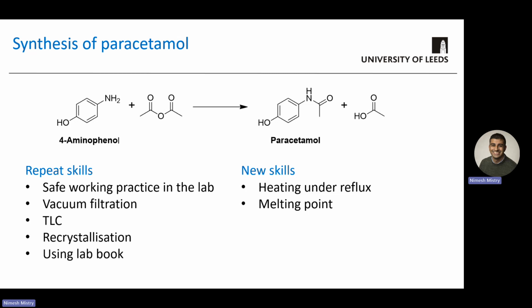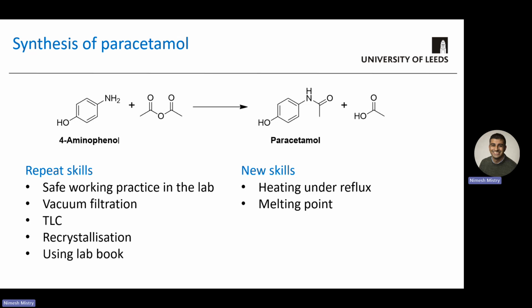So if I talk through to start with what you're doing in this experiment, you're mixing together 4-aminophenol, which has this amine group here, and acetic anhydride. So you've got two anhydride functional groups, and through a nucleophilic substitution reaction, you're making an amide bond.